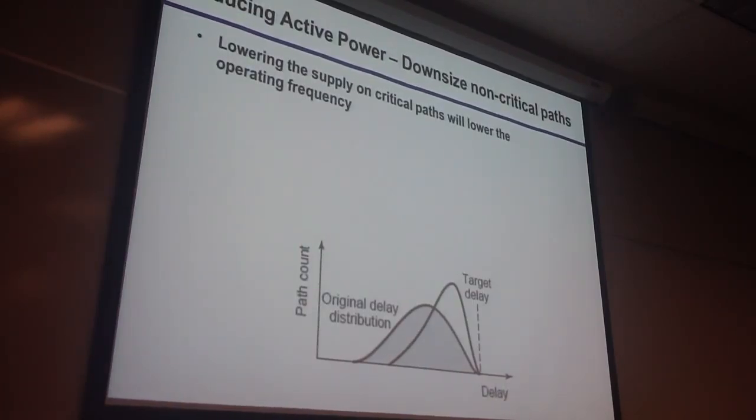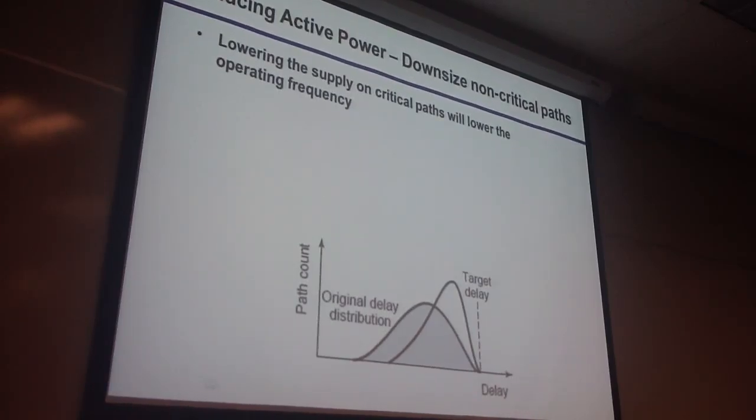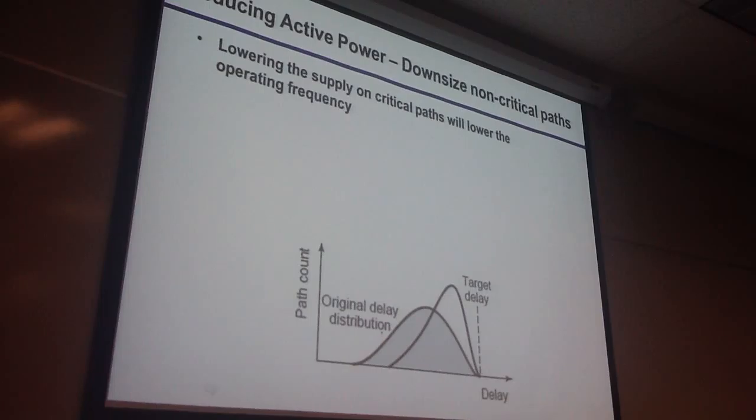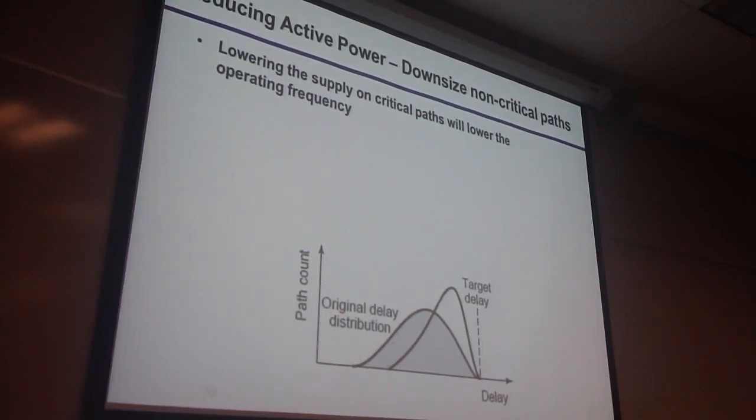Now back to this example right here. Now when you do a design, some paths are slower, some paths are faster. These are faster, these are slower. So the trick about low power design is that you can trade off the fast paths. You can actually make these paths slower on purpose to gain energy, to decrease energy. Do you understand?